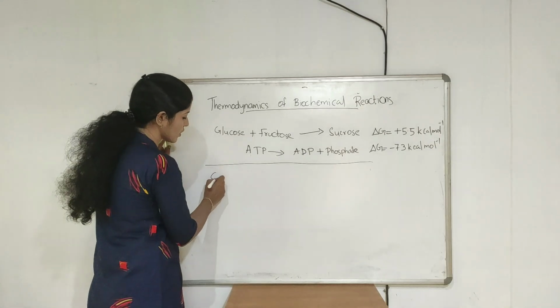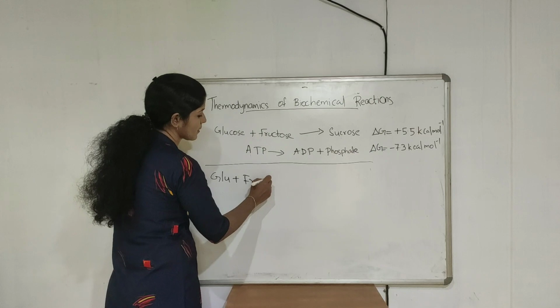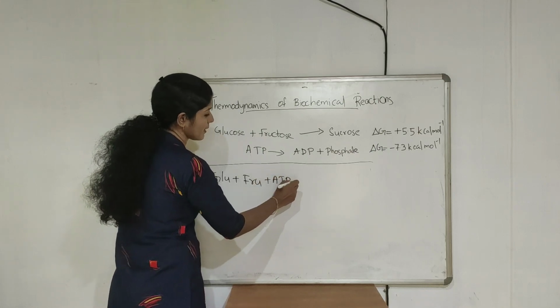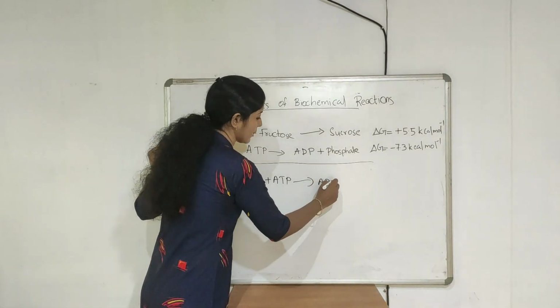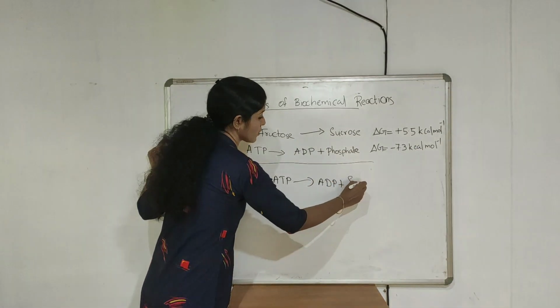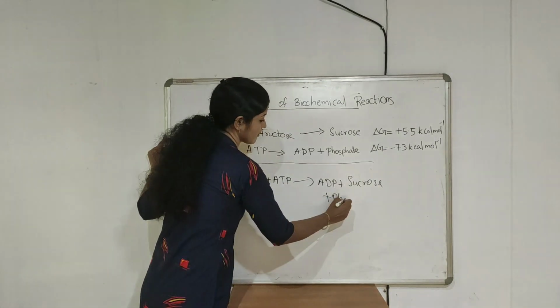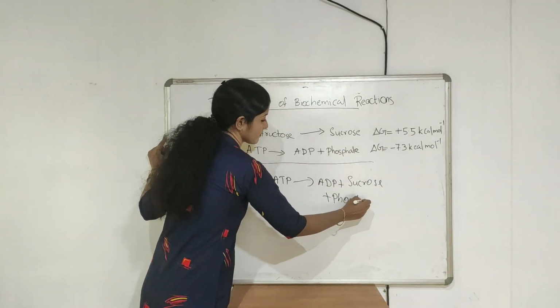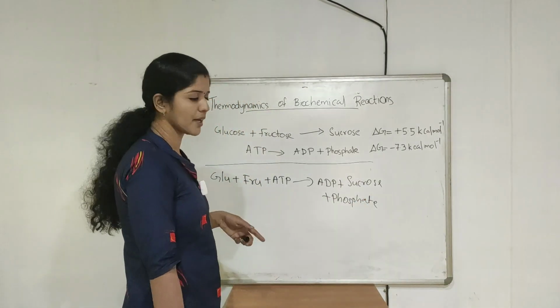So you will have glucose plus fructose plus ATP gives ADP plus sucrose plus phosphate. Okay, so when we are coupling these two reactions, we are adding both the reactions.